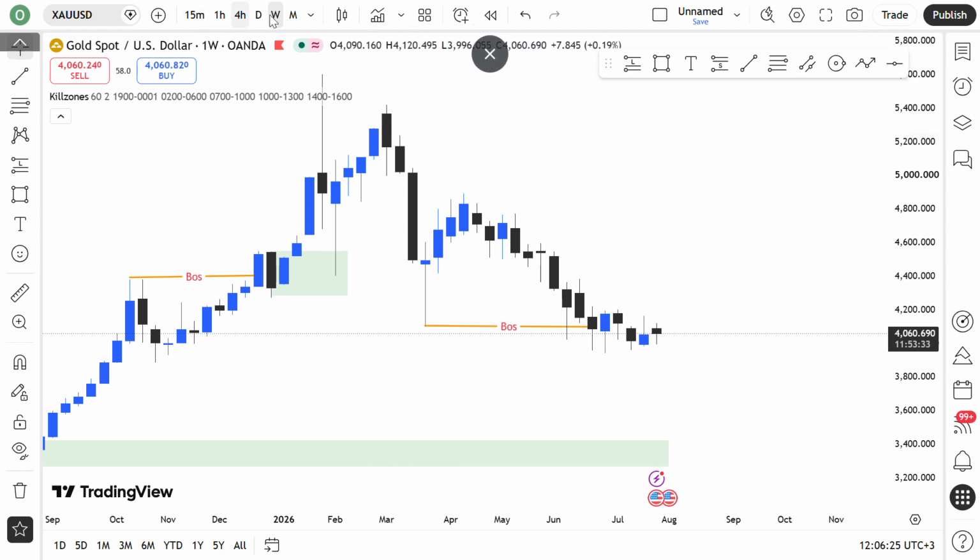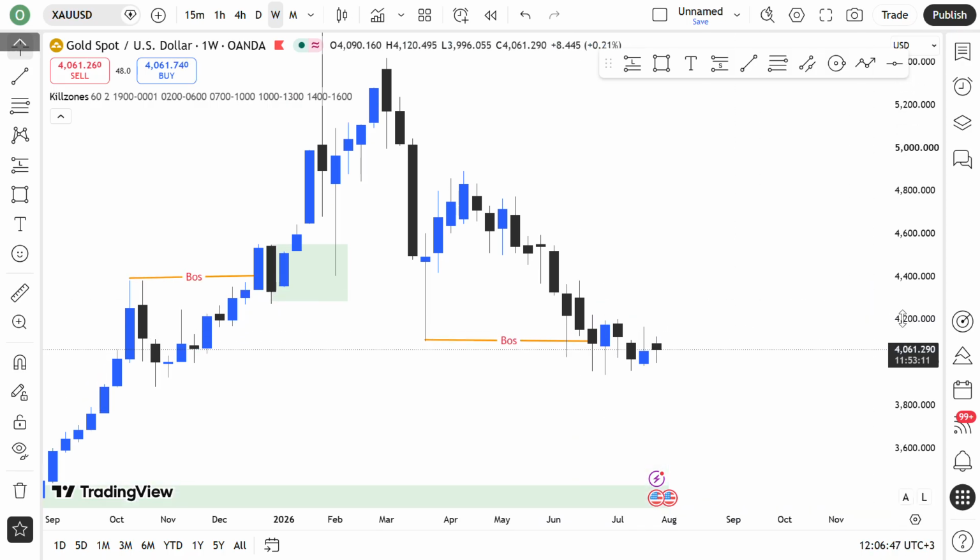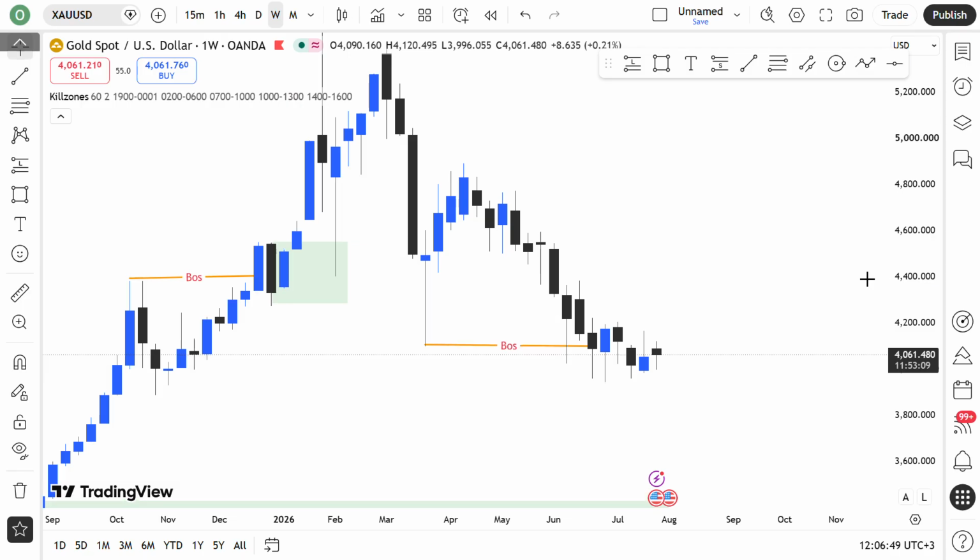So from a weekly time frame, this is a trend continuation on a bearish momentum. Remember, from a monthly time frame, we saw that for a couple of months we have been very bearish on XAUUSD. So we are going to try to follow the fingerprints of smart money so that we can find clear entries on a lower time frame.